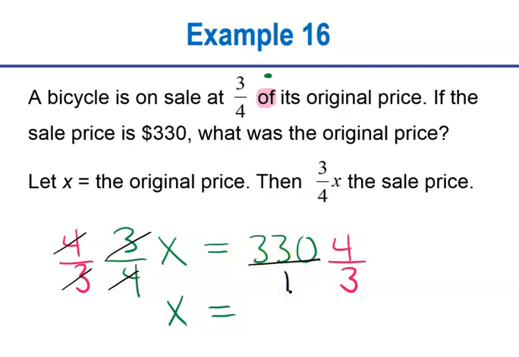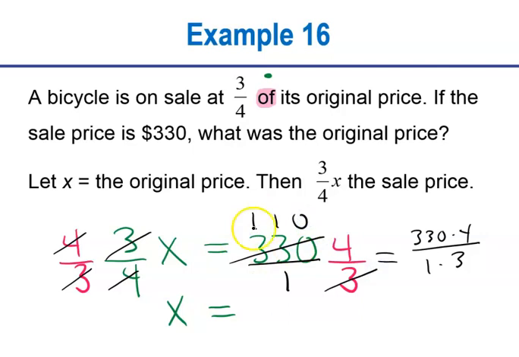Now, if you wanted to right now, you could go straight across and multiply 330 times 4. I'm just going to write that there. And then 1 times 3, and then reduce that. But what I'm noticing right off the bat, instead of doing it that way, I'm going to say 3 divides into 330 110 times.